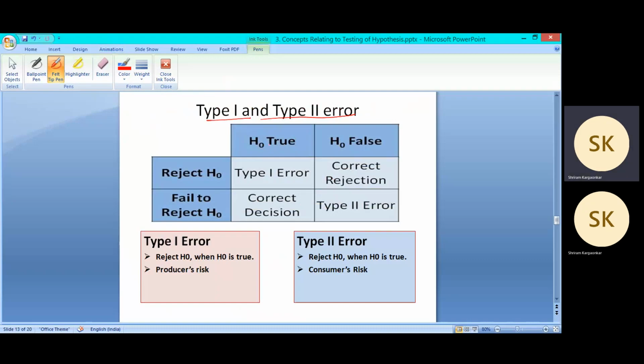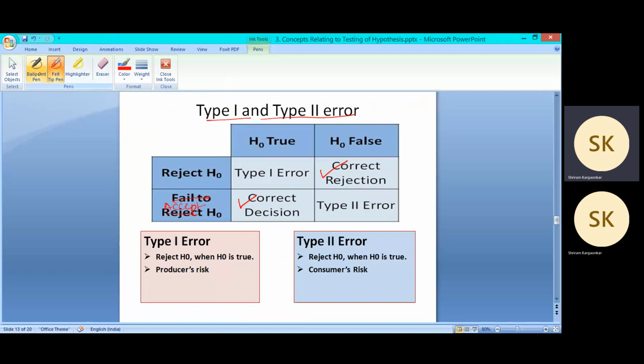Suppose H naught is true and you accept it, yes, it is a correct decision. And if H naught is false and it is rejected, again it is a correct decision, right? So error occurs in only two situations.